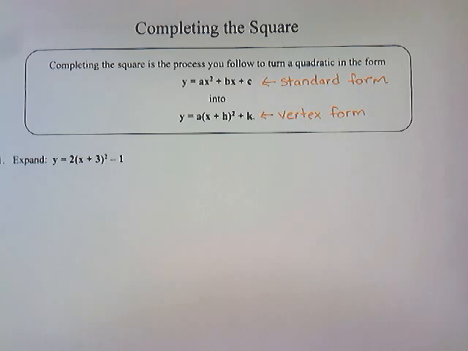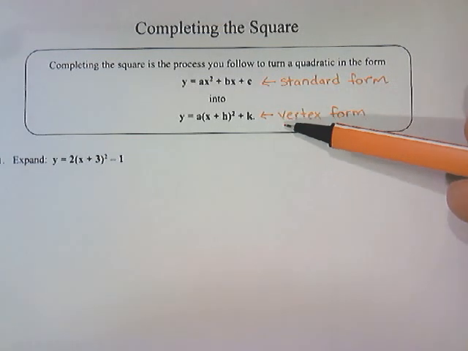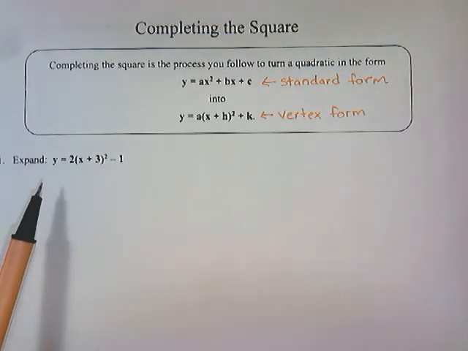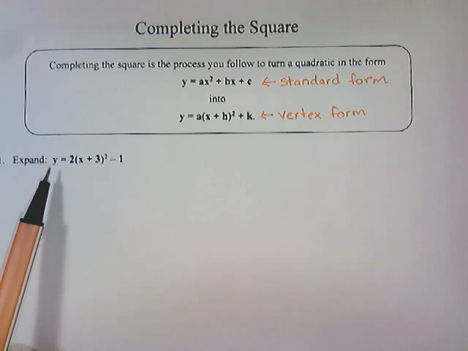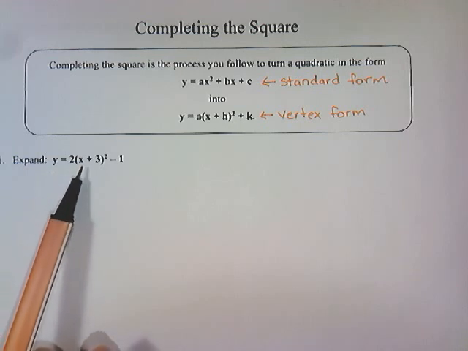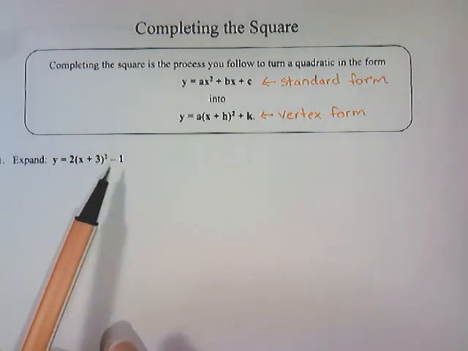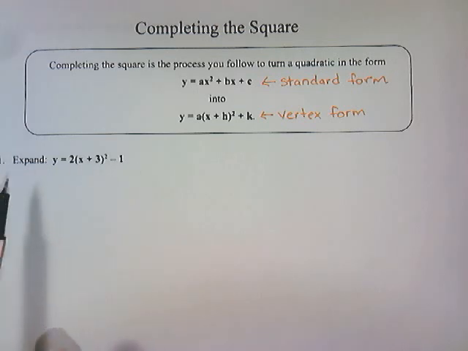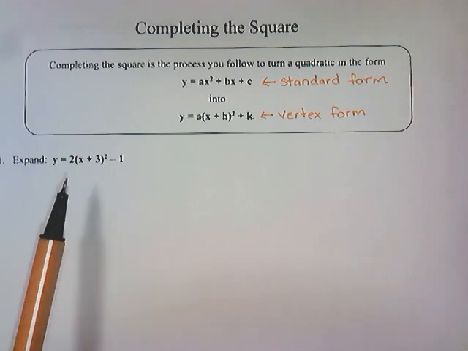And then we'll look at those steps that we took to multiply it out and see if we can work backwards to figure out how we would turn something that's already multiplied out into vertex form. So we are going to start by expanding y equals 2 times x plus 3 squared minus 1. So we want to multiply this out, collect up all our like terms, and see if that will help us figure out how to turn something into vertex form.